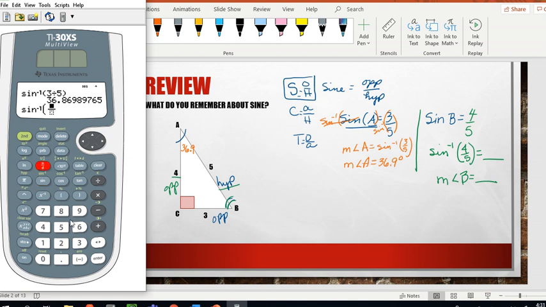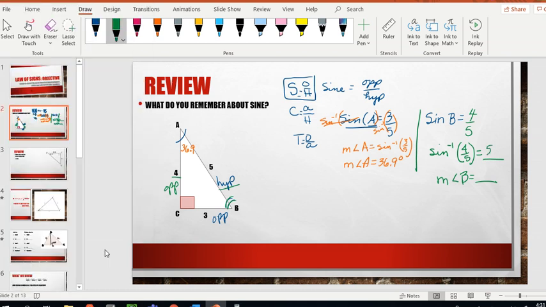Now I told you I was going to use the N over D button, so you can do 4 over 5 or 4 divided by 5. It does not matter to me what you do. All right, 53.1.